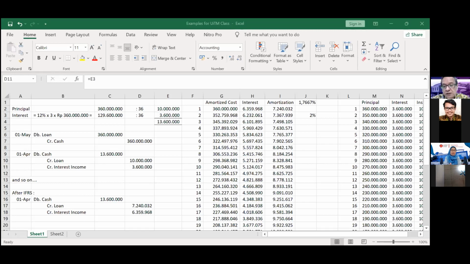But because the accounting standard does not allow calculating interest income using the flat interest system anymore, they have to change the calculation of the interest revenue. After that, they also changed the interest stated to customers. So the accounting standard can actually influence the daily operation of the bank.